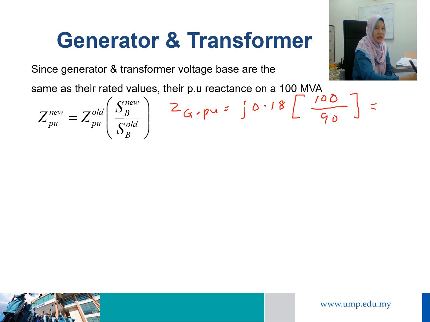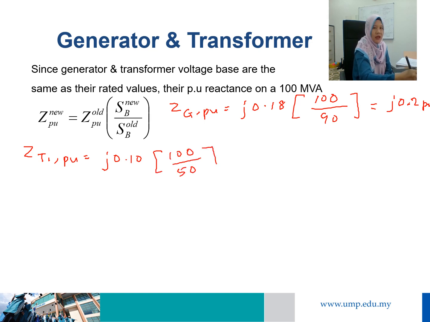So we get j0.2 PU. And then we calculate the new per unit impedance of transformer T1, which is equal to j0.10 multiplied by 100 divided by 50 MVA. 50 MVA is the old base power of transformer T1.